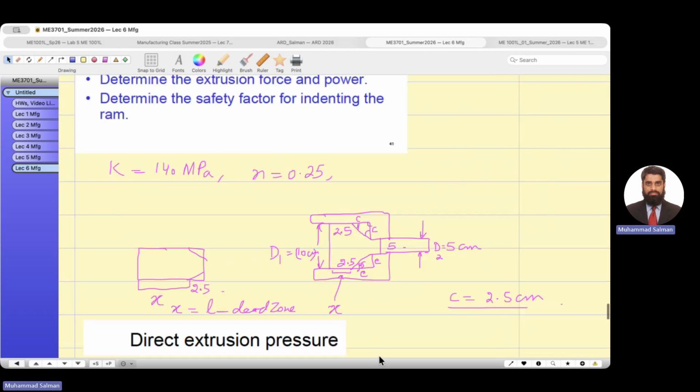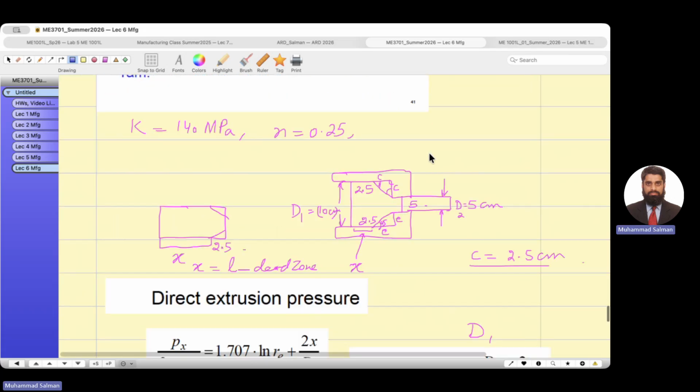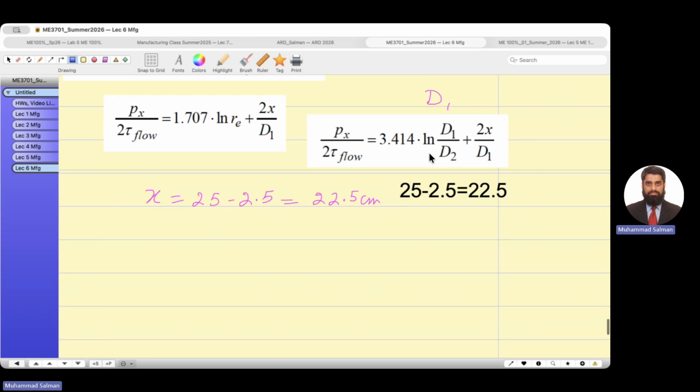Because my question states, determine the extrusion force and the power. The extrusion force is the pressure times area.